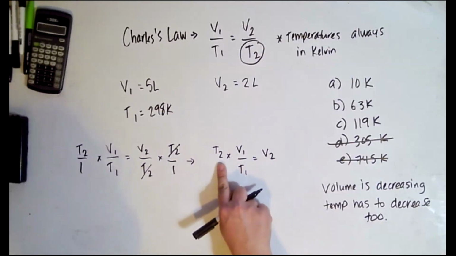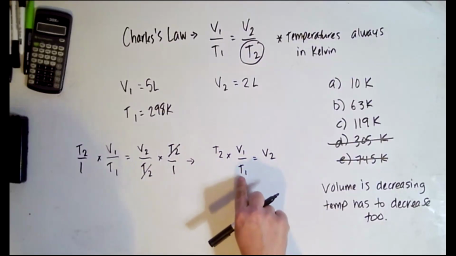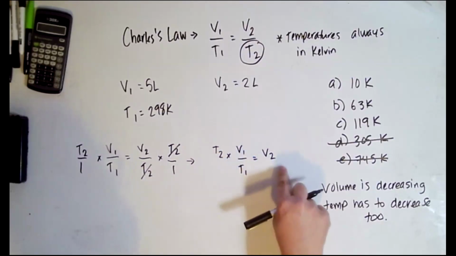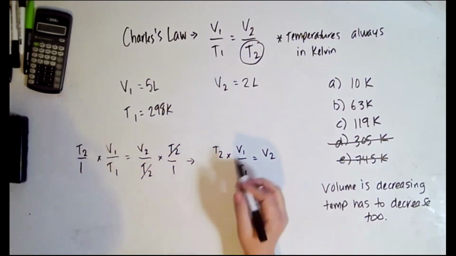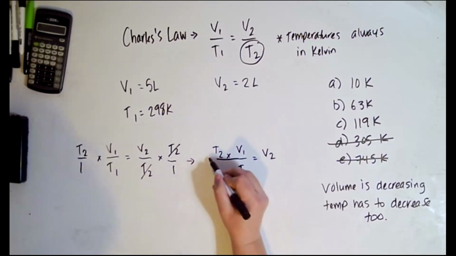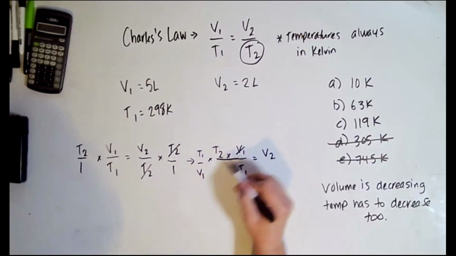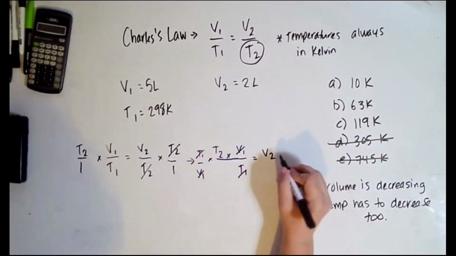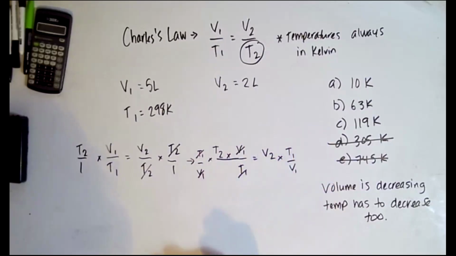So we're going to multiply both sides by the reciprocal of these numbers. Basically we're moving the reciprocal of this to the other side. We can show that mathematically by multiplying this side by T1 over V1 so that it crosses out, and we multiply this side by T1 over V1.